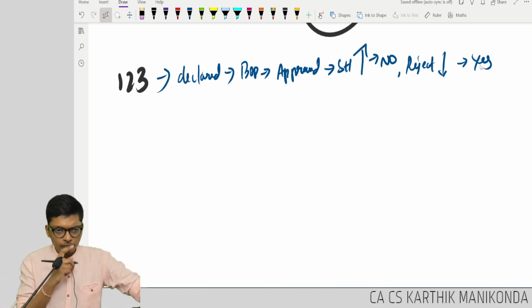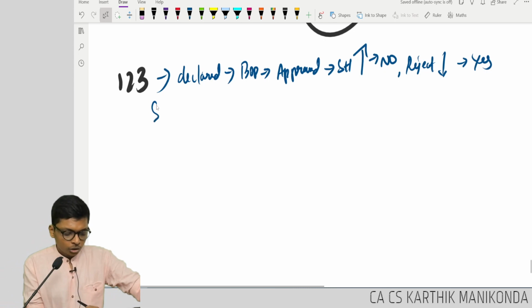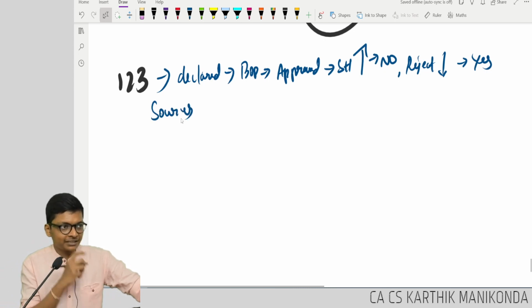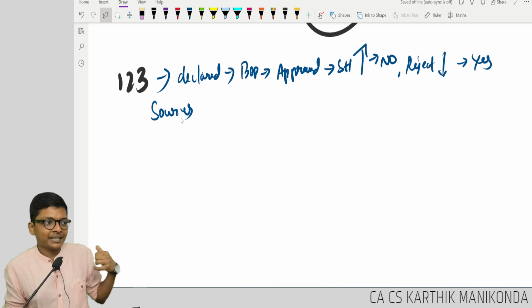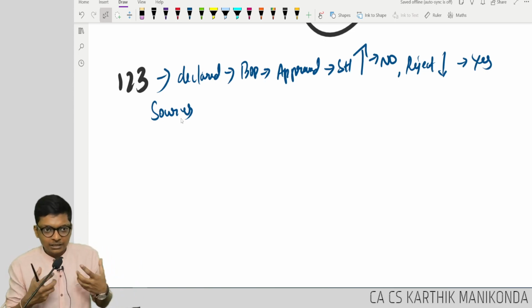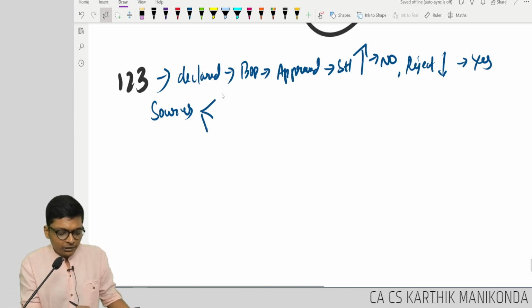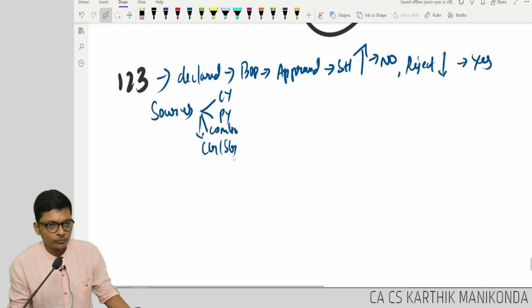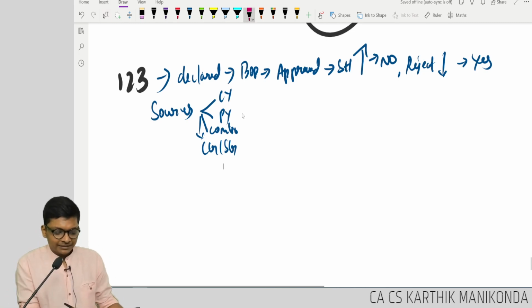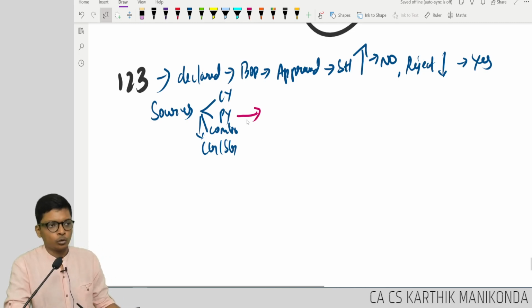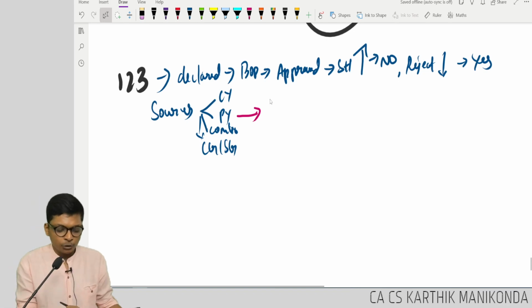Next, follow, guys. Sources. This full thing will be one line. Next source. See, you don't have to write the same like this. You can change the wordings. What you write, you should understand. Sources we have: current year, then a combination of both, or central government, one line over, guys. Then from previous year, I'll put one more arrow. If I'm using previous year, you follow how many rules?